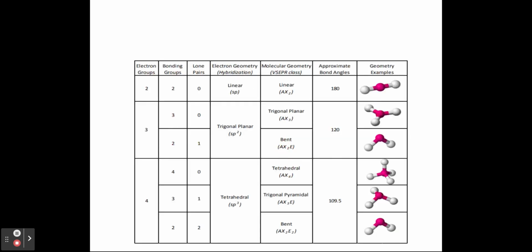So here, this is a table I've shown you in a previous video. So you'll notice that here you have 2 electron groups total. So the total number of electron groups is 2, and you have 2 bonding groups and 0 lone pairs. And so the hybridization of that is sp, and that's because the total number of electron groups is 2. They both are bonding. So you need orbitals to allow for the bonding, and so you need 2 hybridized orbitals.